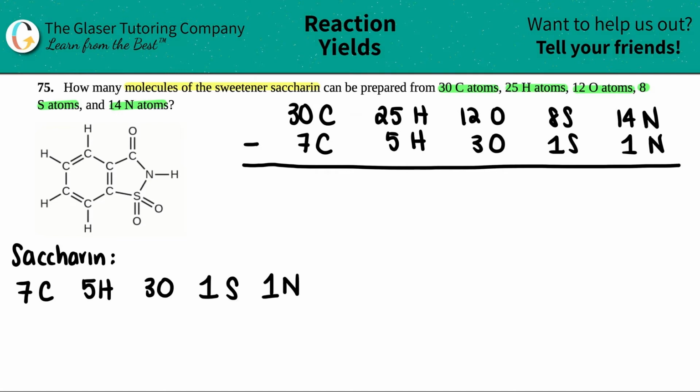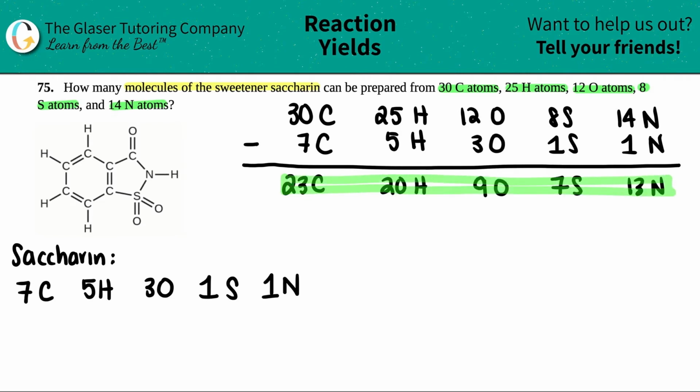Let's see. 30 minus 7 is 23 leftover carbons. 25 minus 5 is 20 leftover hydrogens. 12 minus 3 is 9 oxygen. We have 7 sulfur and 13 nitrogen. Since we have no negative values and we still have leftover amounts, I could make another molecule. So as of right now, I have made 1 molecule of saccharin.